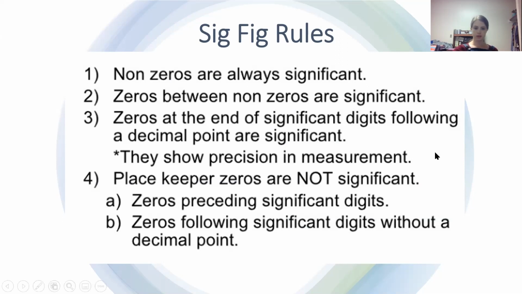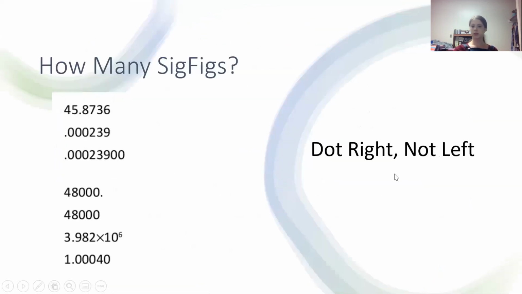All right. Now this rule, dot right, not left, is a way that I learned SigFigs, and it helps me to figure out how many there are in a number. So what it means is if there's a dot or a decimal, and you start on the right counting the numbers that are significant.